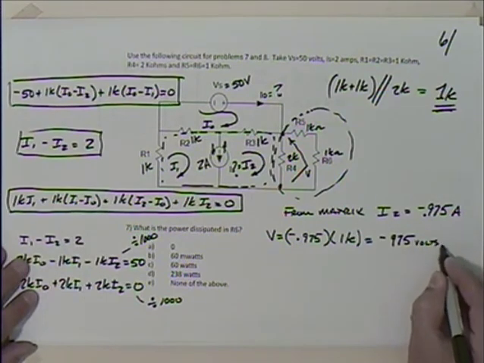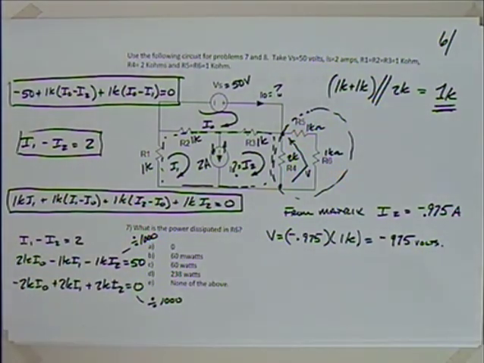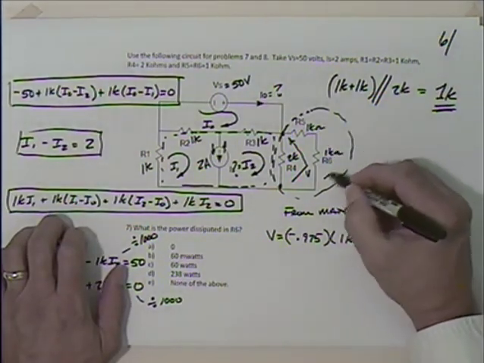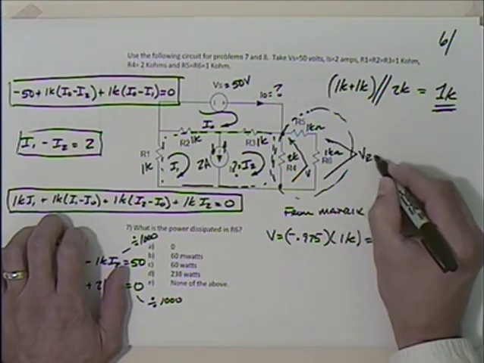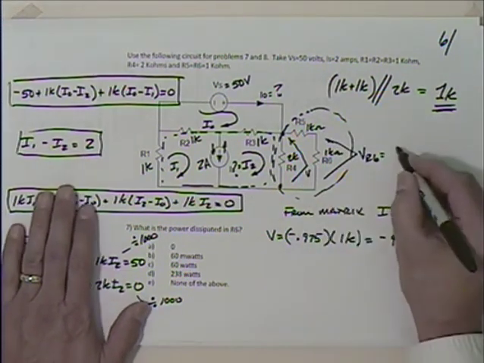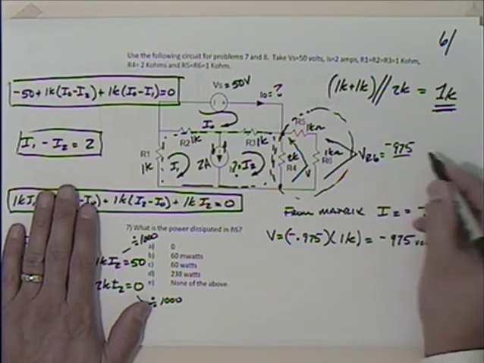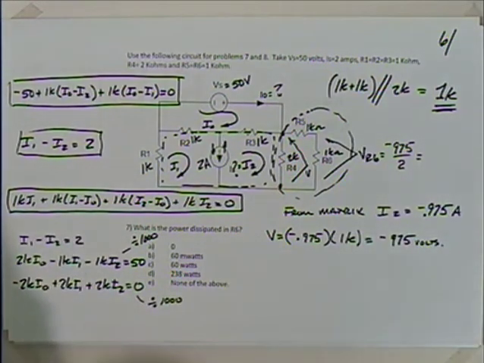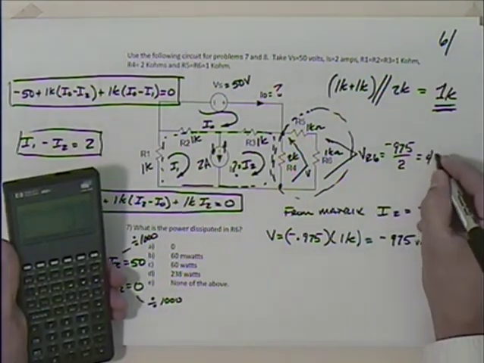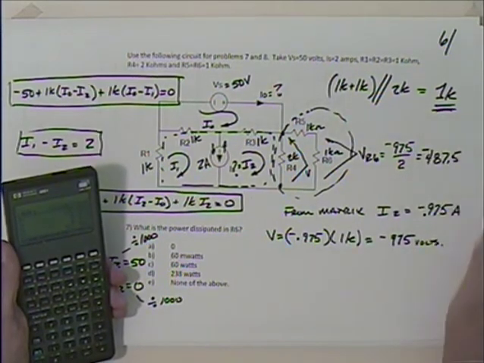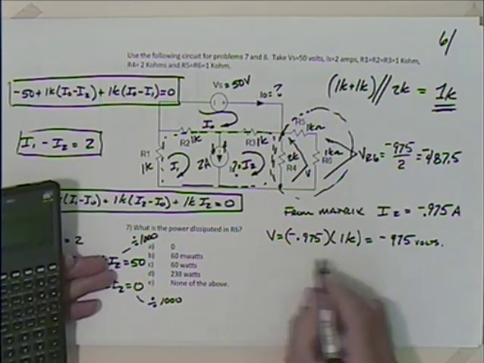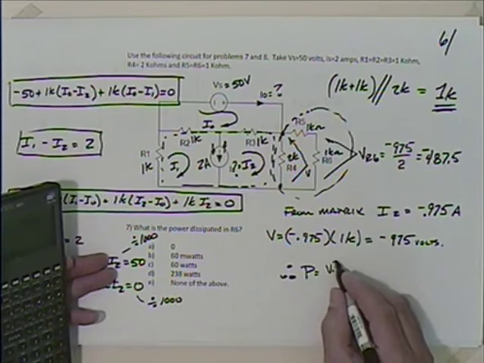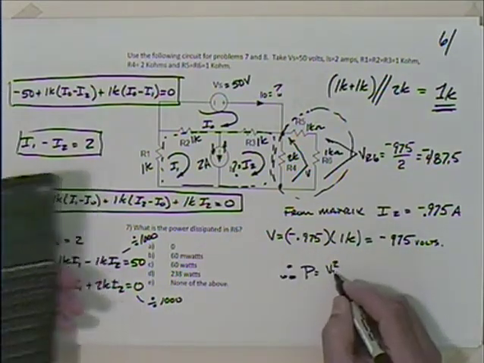Volts. Grab my calculator here, get ready. So then if this is 1K and that's 1K, what is this voltage? The voltage across R6 is going to be equal to, it's an even split, minus 975 divided by 2, right? Negative 487.5. So I could say then that power is equal to V squared divided by R.